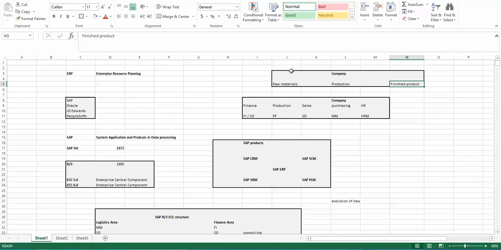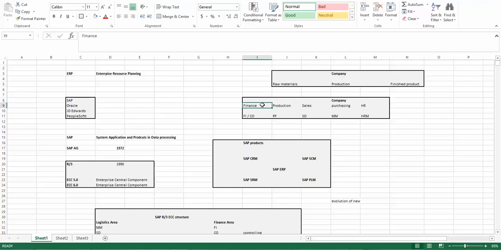In order to process this cycle, a company usually has these departments, so that they could manage the company's business.